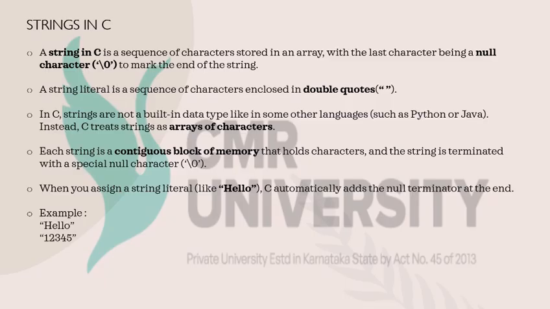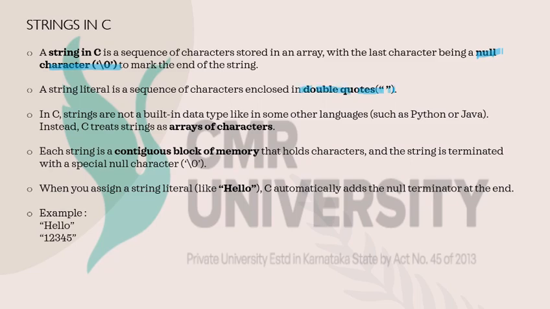String in C. A string in C is a sequence of characters stored in an array with the last character being a null character, which is \0, to mark the end of the string. A string literal is a sequence of characters enclosed in double quotes.